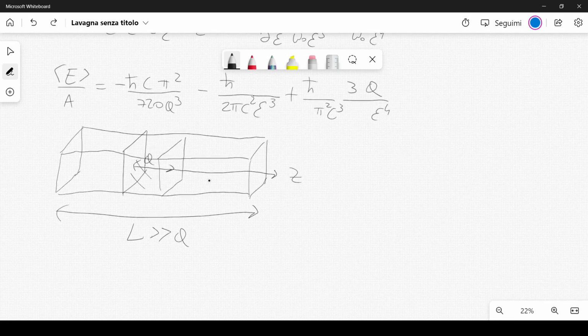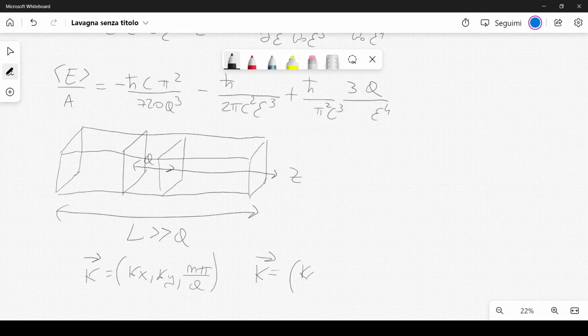Let me summarize what we did. Inside the two plates, we found that momentum k was discretized like this: kx, ky, and the third component was n pi divided by a. But when we go outside, so when we consider the field out of the plates, k is discretized in a different manner, like this: kx, ky, and then we have n pi divided by L minus a.